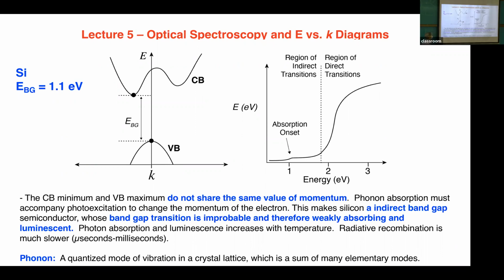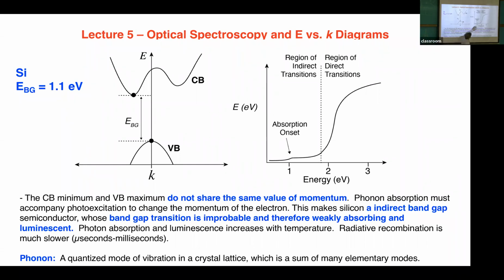And so because they don't share that same momentum, silicon is not luminescent, or it is very weakly luminescent. This is one of the reasons people like it as a photovoltaic. Because when you excite a crystal of silicon, the excited charge and the hole don't really want to recombine with each other. It's a momentum problem. So they tend to have very long lifetimes.